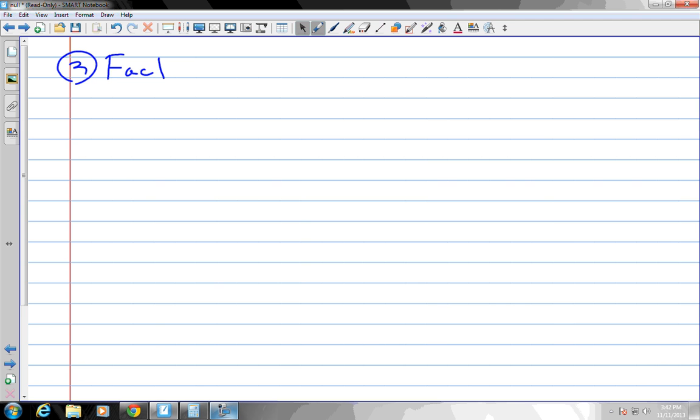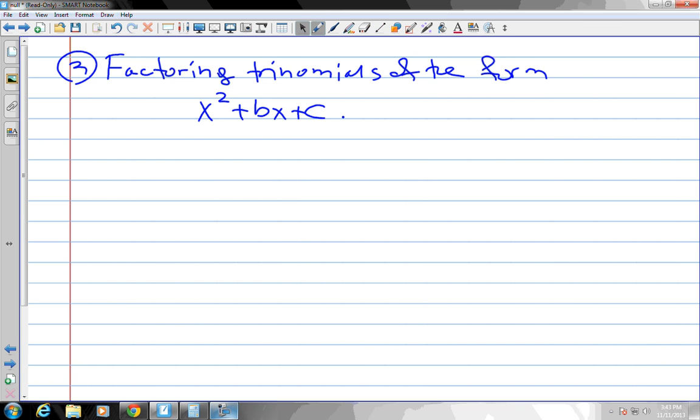So factoring trinomials of the form x squared plus bx plus c. So I'm talking about quadratic trinomials when there is no coefficient in front of the square. Because if there is a coefficient in front of the square, it's becoming a whole lot harder to do.